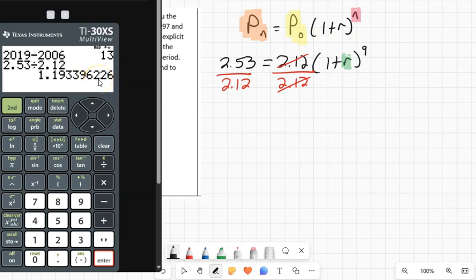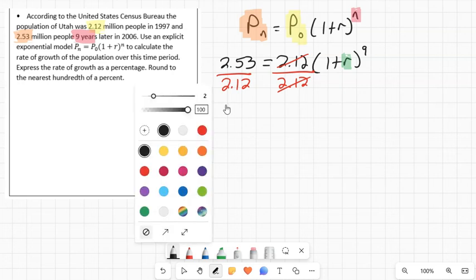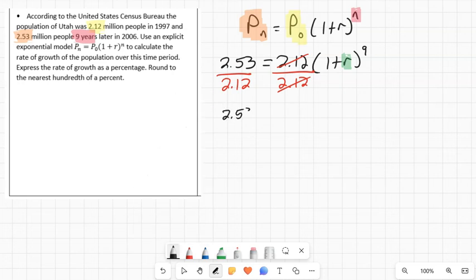And now when you're rounding, you're making a mistake. Rounded answers are not exact answers. They're very close to correct, but I want correct answers to the very end and then round once at the end and have the best answer possible. So I am not going to calculate the 2.53 divided by 2.12. Instead, I'm just going to leave it as a fraction, ready to be calculated later.